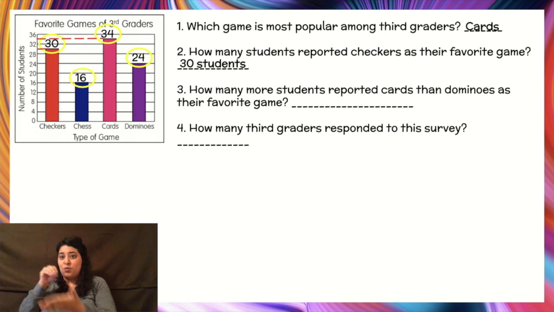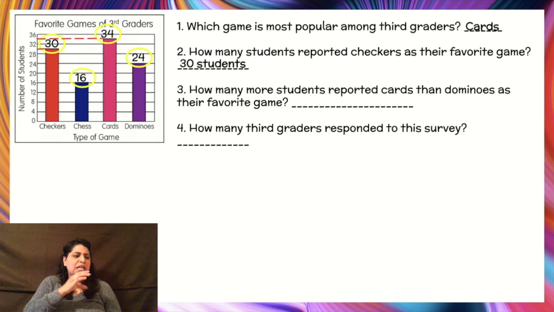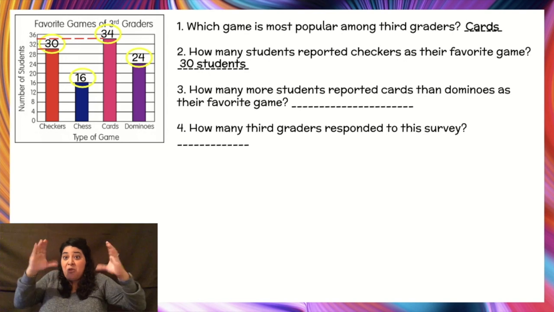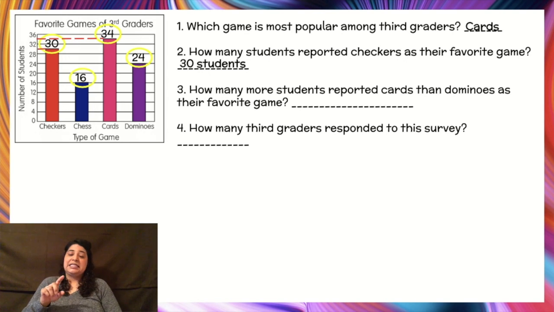30 students, okay? Number 3, how many more students reported cards than dominoes as their favorite game. Okay, now we are comparing two of those categories, all right? We are going to be looking at dominoes and cards, okay? So let's take a look. Dominoes has 24 and cards has 34.